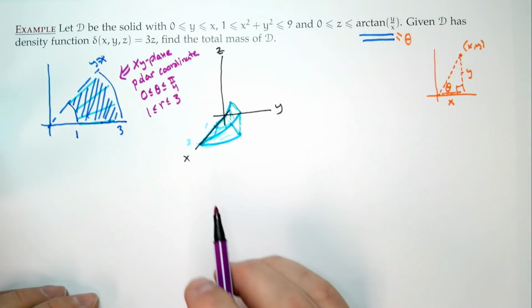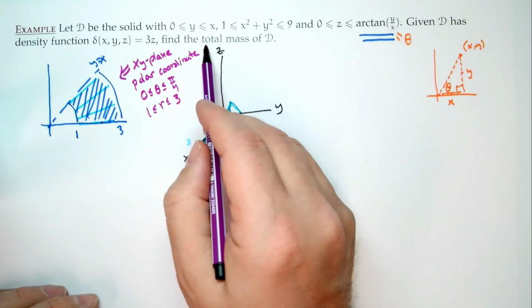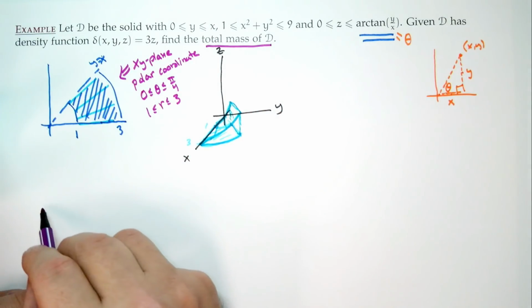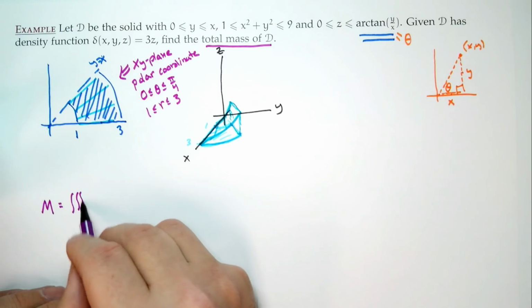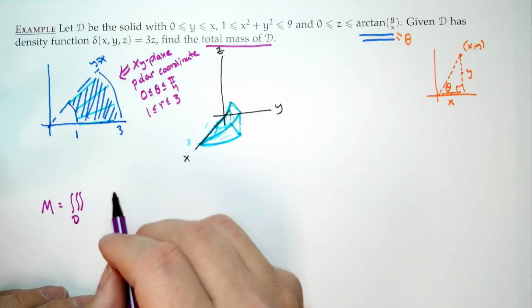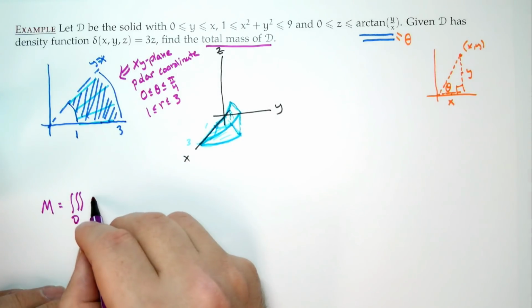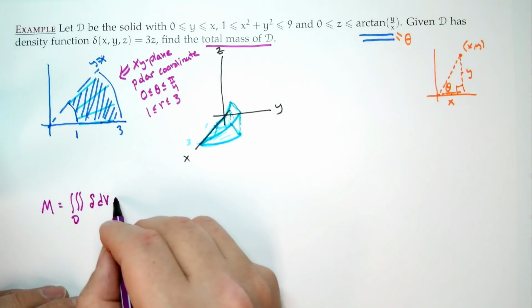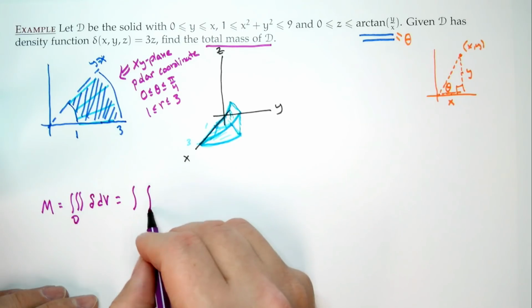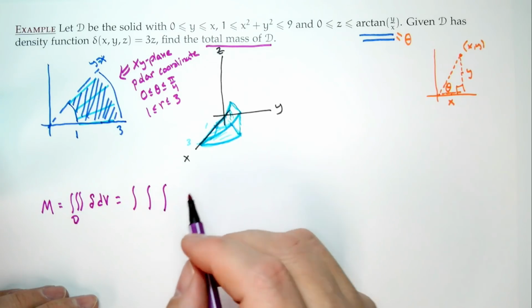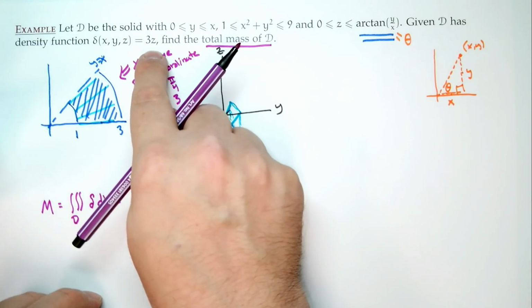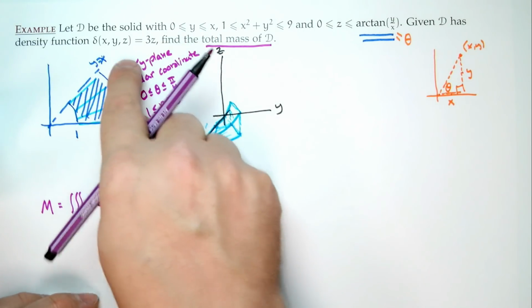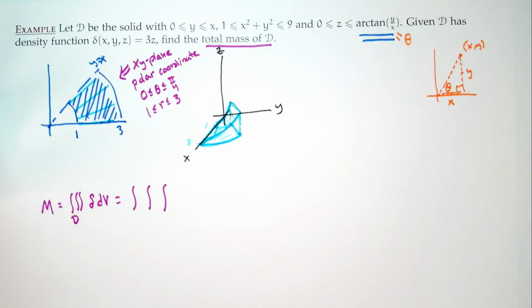So let's find what we're looking for. We're looking for a total mass. So our mass will be equal to the integral over our solid, which we'll call D, of our density, dV. So that's integral, integral, integral. Our density is currently 3z. That's been given to us in our xyz coordinate system, so that's Cartesian coordinates.